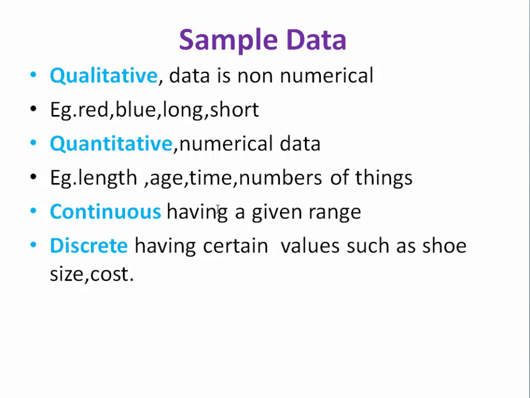Continuous data has a given range, say like age, which is 10 to 15 years, 15 to 20 years, so it has a range. And discrete data has certain values only, such as shoe size, cost.